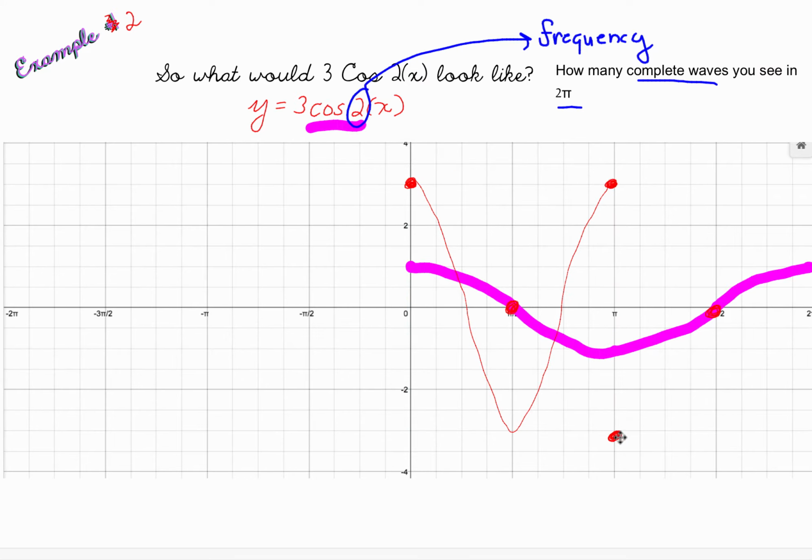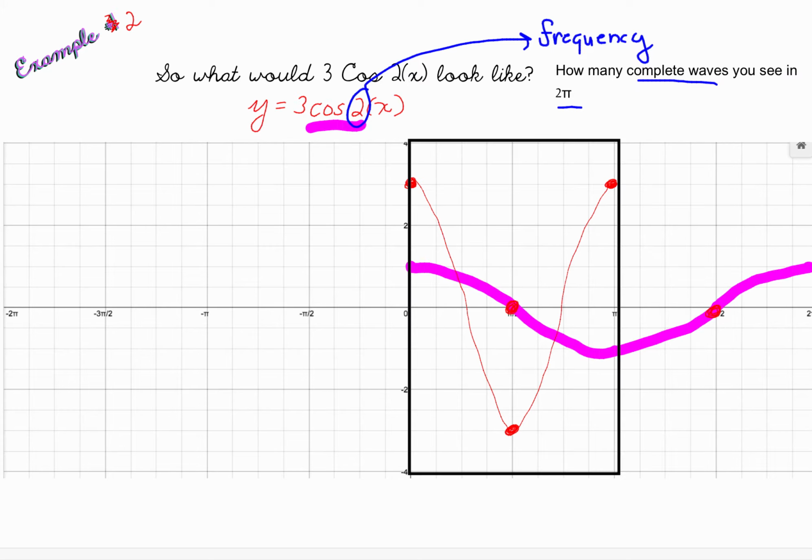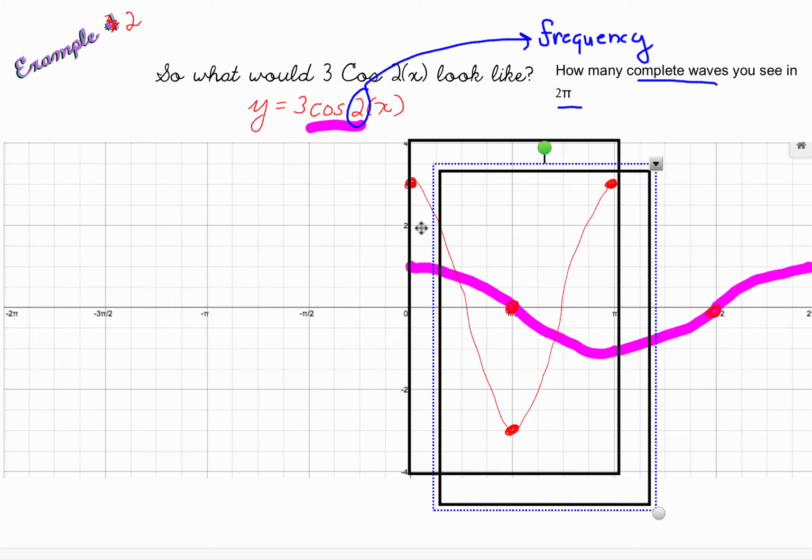So here's pi. And in this box of pi, I have to fit one cosine wave. Let's see, did I do it? Starts at 3, ends at 3, and directly in the middle it's at -3. So now basically I have to do that again.